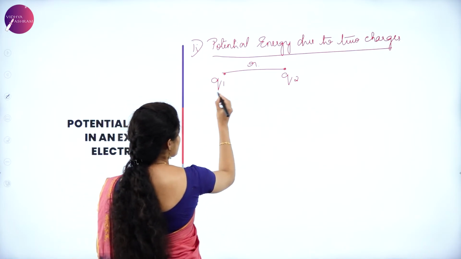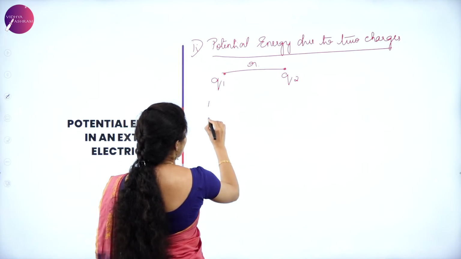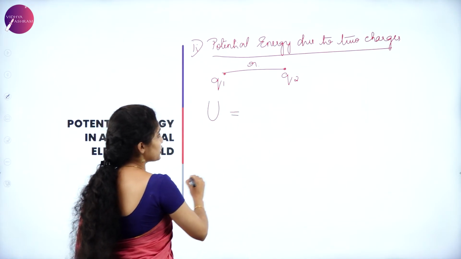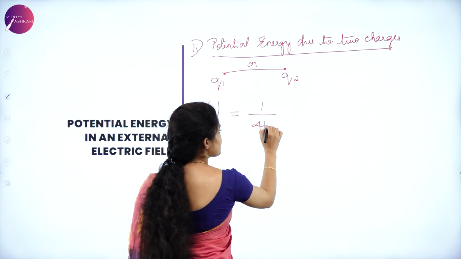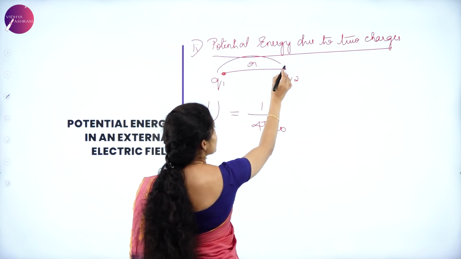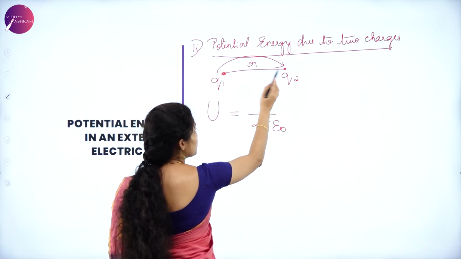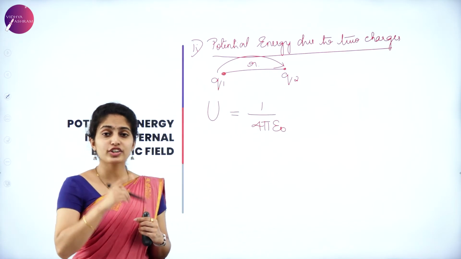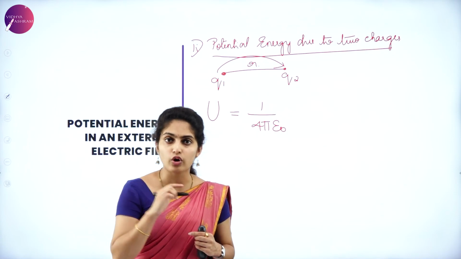Suppose you consider this potential energy as U, which is equal to 1 by 4 pi epsilon naught. There is the influence of Q1 on Q2 and Q2 on Q1, but not Q1 on itself or Q2 on itself.